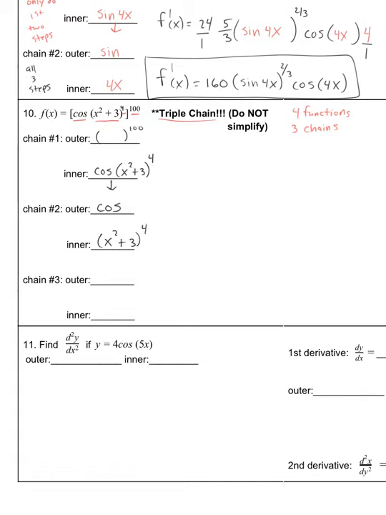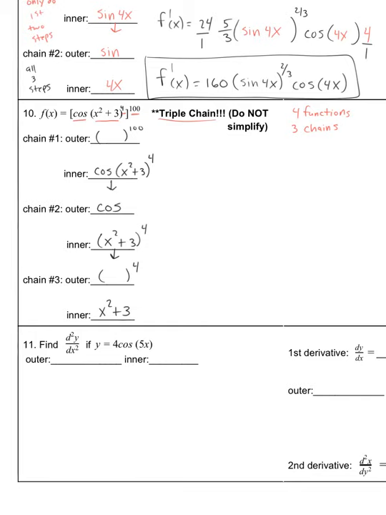We still have a composite function here, 2 functions, so we know to go again. So what is the outermost here? Something to the 4th. We are 4thing x squared plus 3. So the outermost is something to the 4th, and the inner is x squared plus 3. And now we know we're done because this is no longer a composite function.